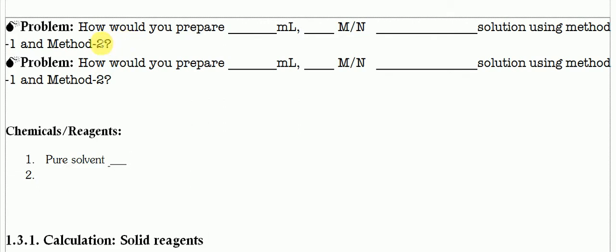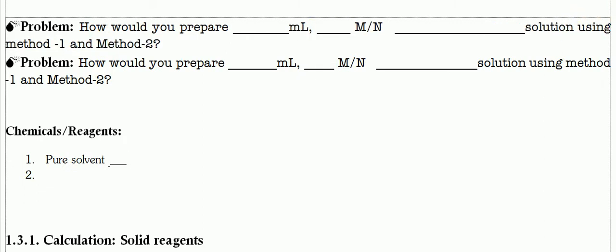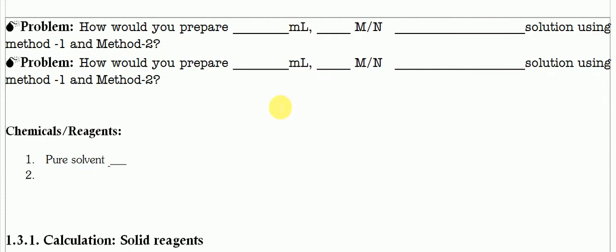In experiment number 1, you have to prepare the solution using two methods, method 1 and method 2. That is why method 1 and method 2 have been indicated in the question.